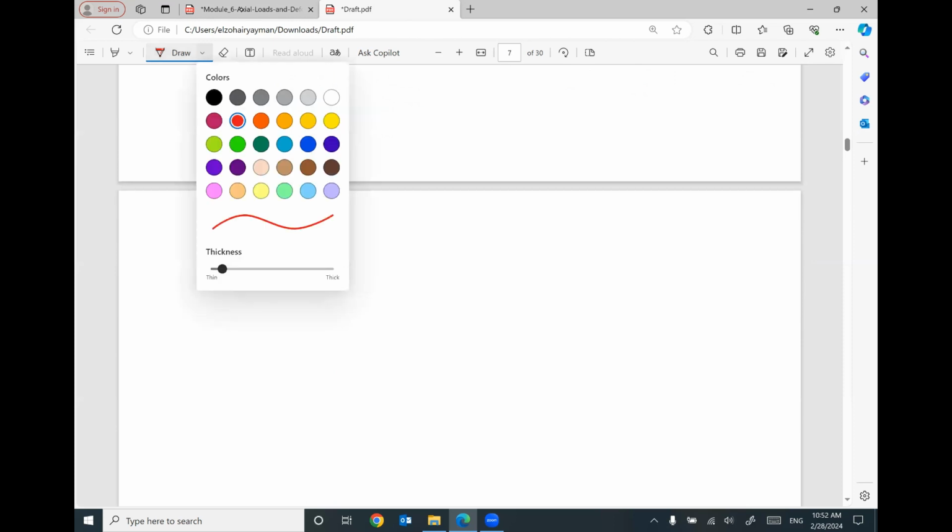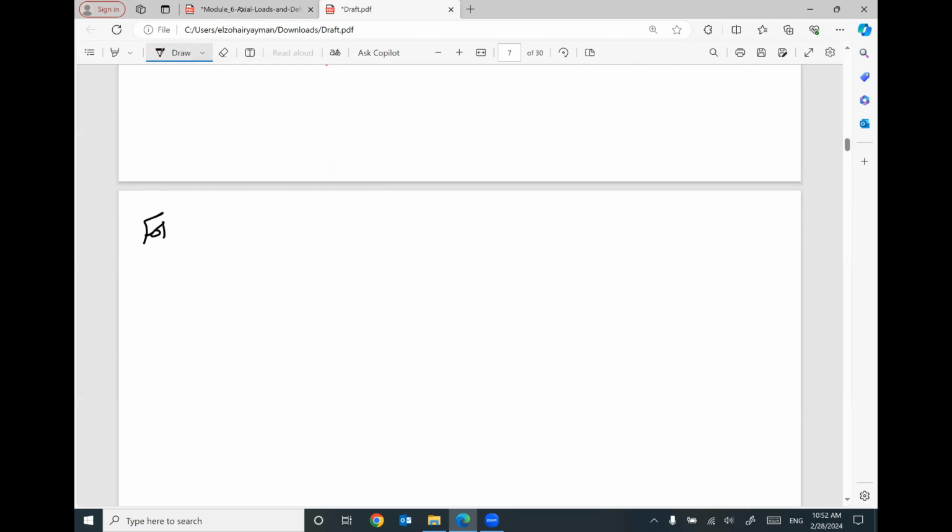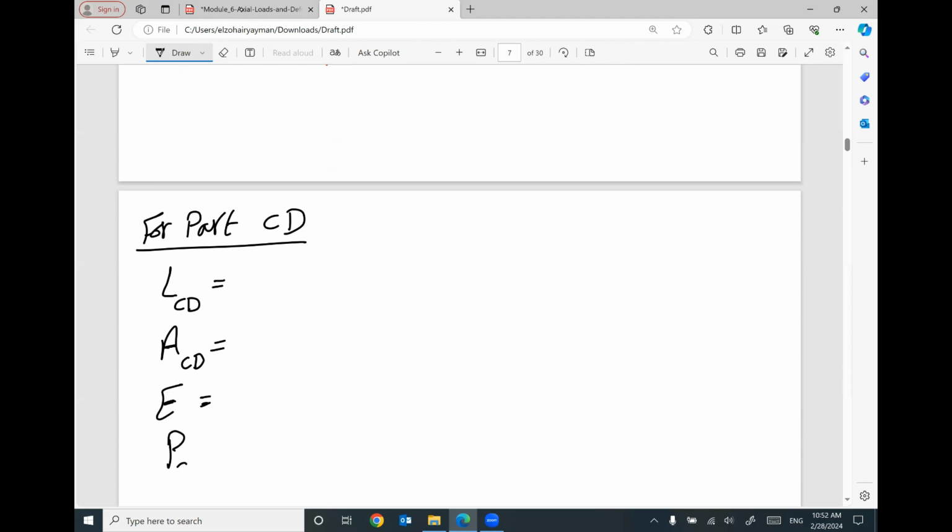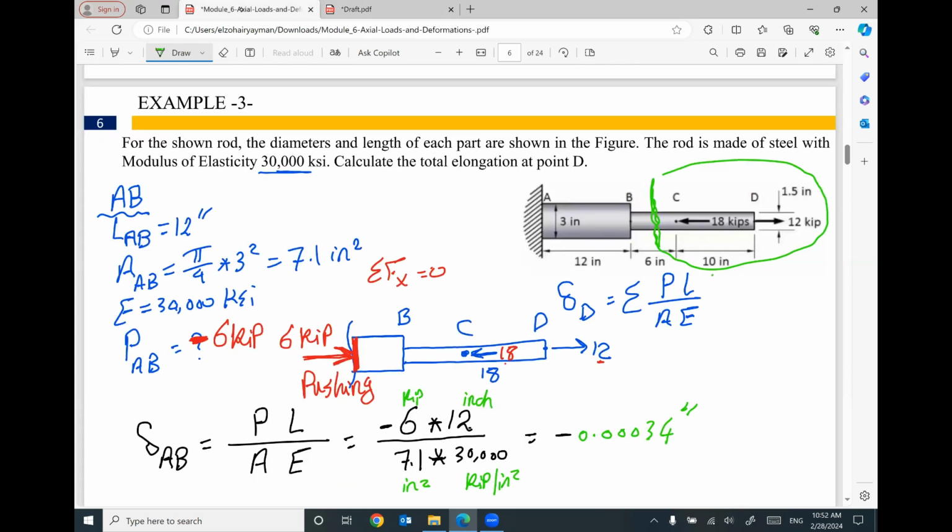So, for part CD, what is the length of part CD? What is the cross-section area of part CD? What is the Young's modulus of part CD? And what is the force in part CD? The length of part CD is 10 inch.